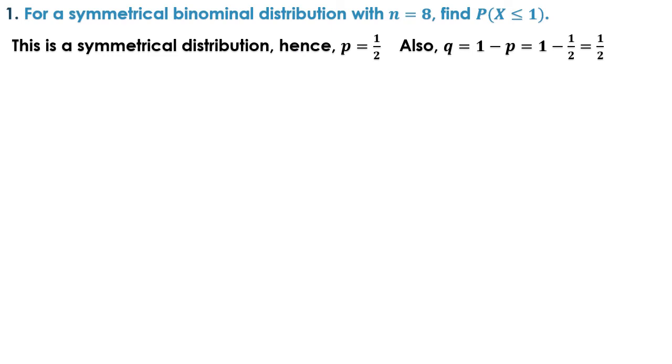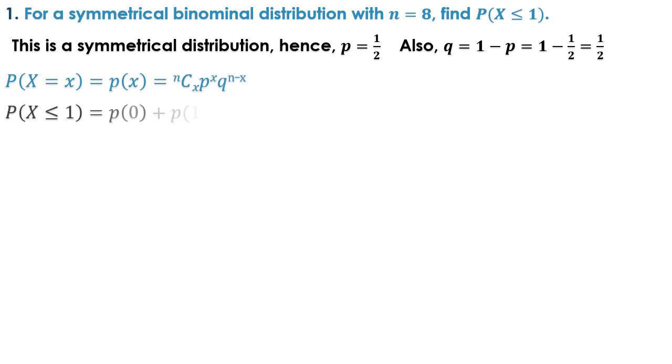So p is 1 upon 2, q is also 1 upon 2, and we know that n is 8, and what we need here is x less than or equal to 1. Now if we take x less than or equal to 1, it will be just 0 and 1, because anything less than 1 is 0. So we will just put 0 and 1 into the equation nCx p raised to x q raised to n minus x.